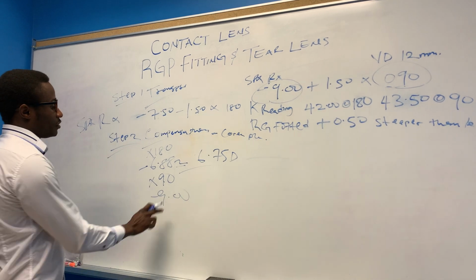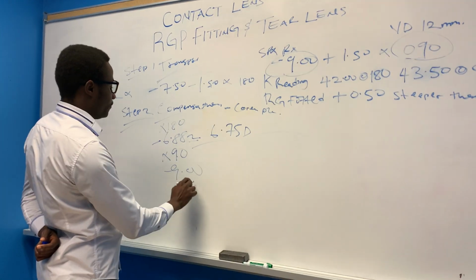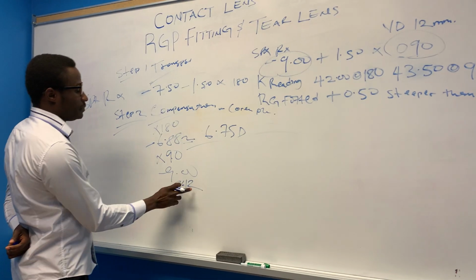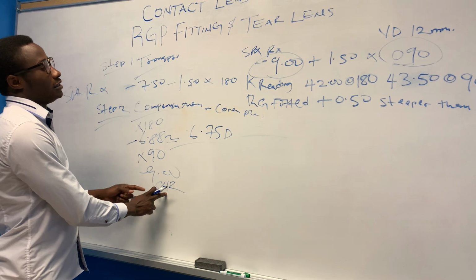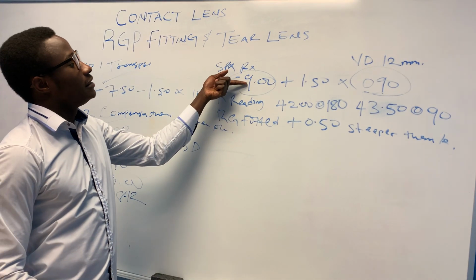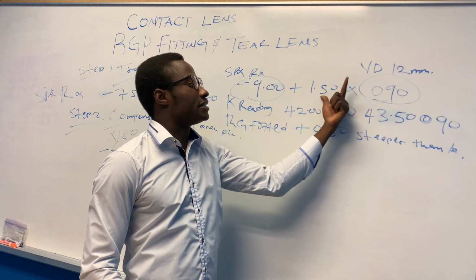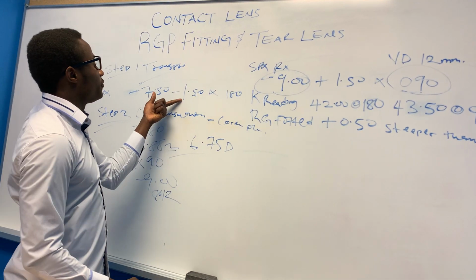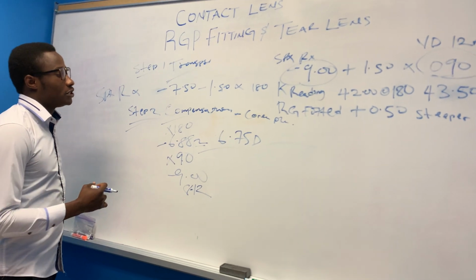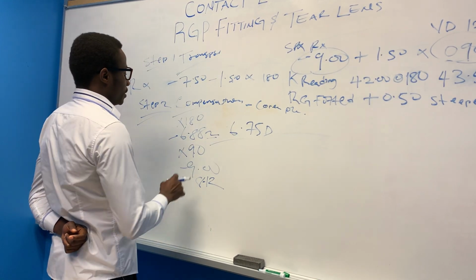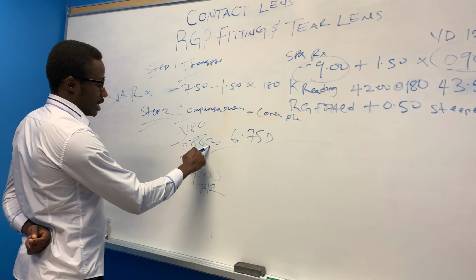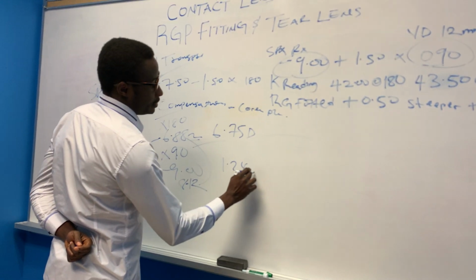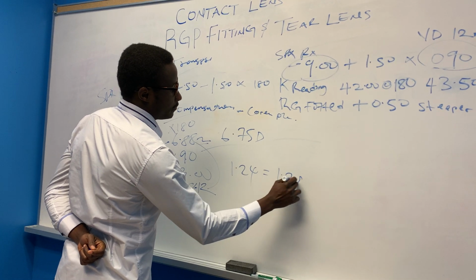When I compensate minus 9 with that same formula, I will have minus 8.12. The difference between when I compensated my sphere in the plus cylinder form and when I compensated it in the minus cylinder form gives me my new cylinder, which is 1.24. When I round it, I'm going to have 1.25.